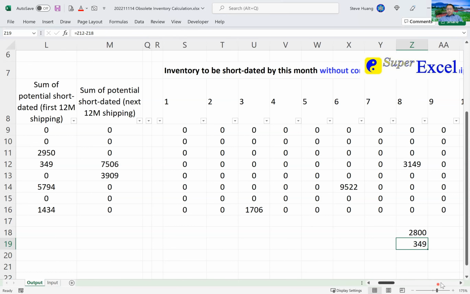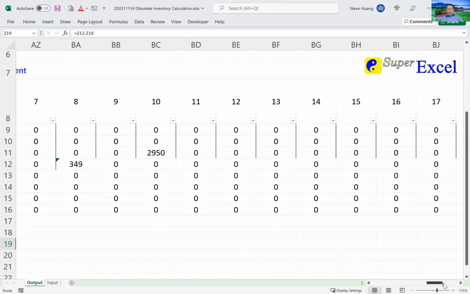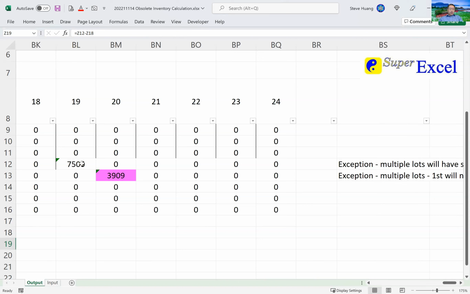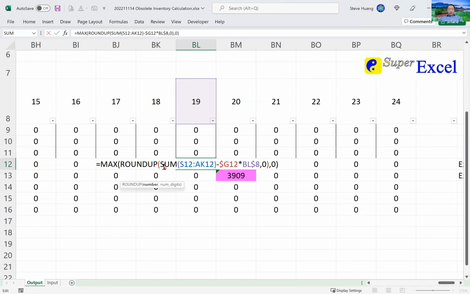That means when we did this formula over here, let me go further down. Yeah, this one over here. We look at all those available inventory to compare to how many units will be shipped. But not all of that inventory is being used, because some of it is short dated.